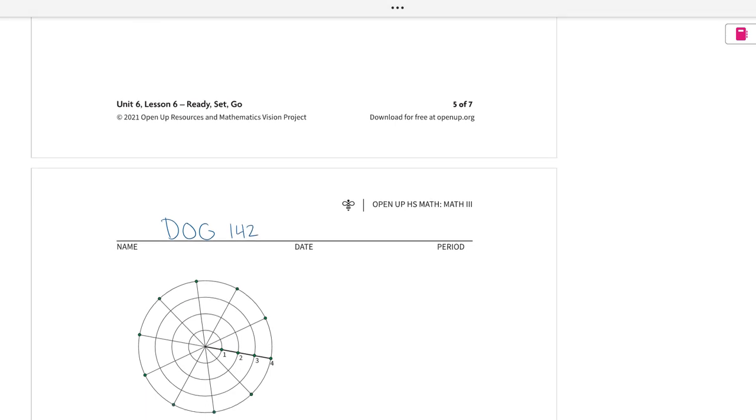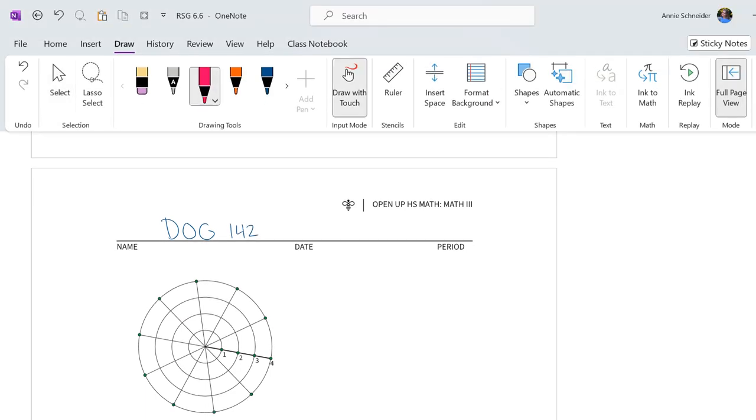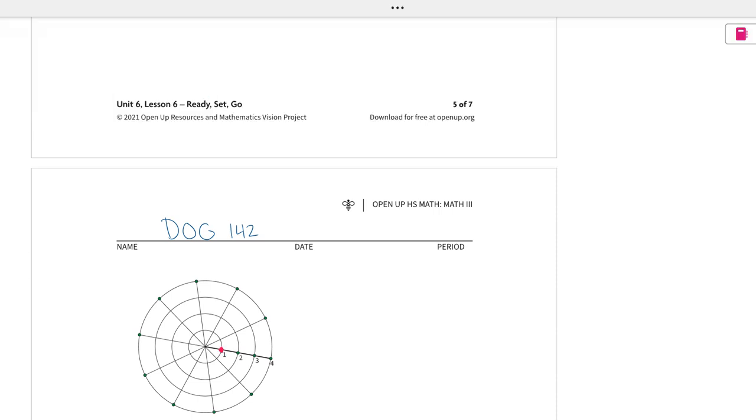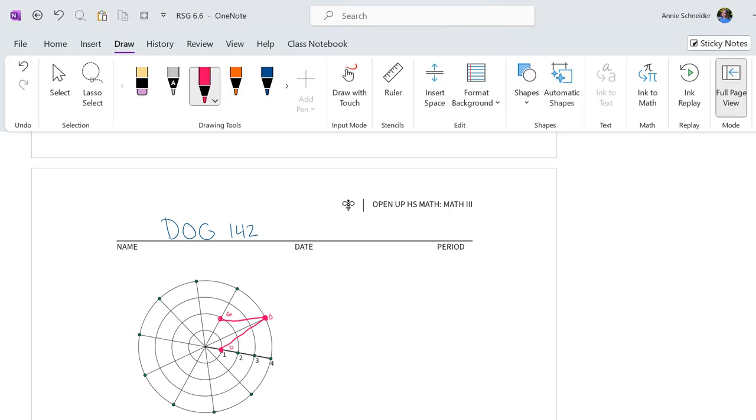Again, you don't have to start on the one with the numbers. You could start anywhere. Let's start there. So 1 4 2, right? D O G.